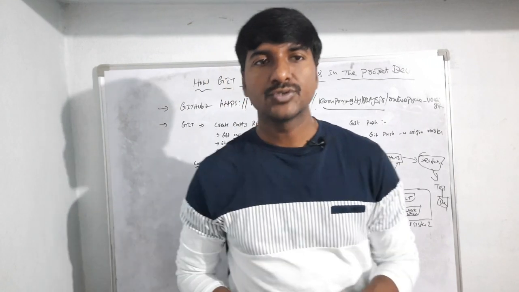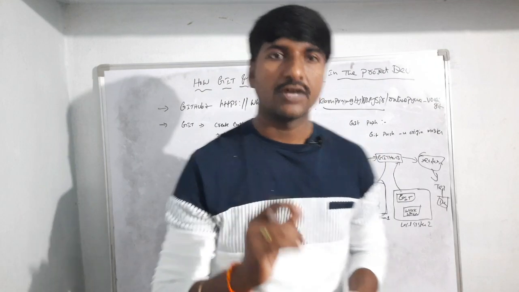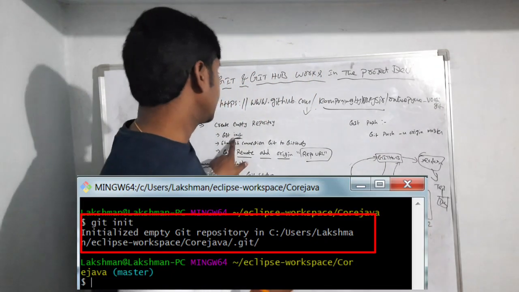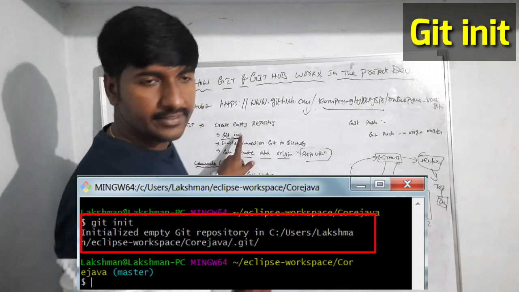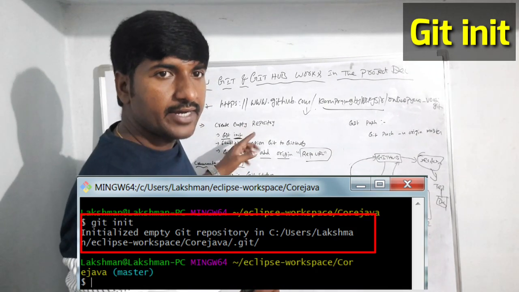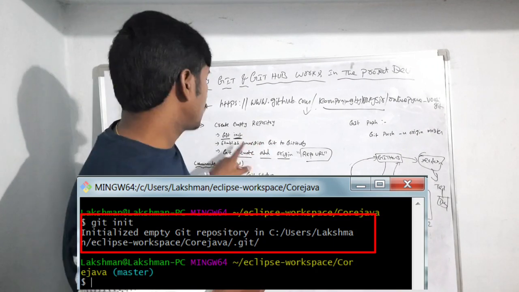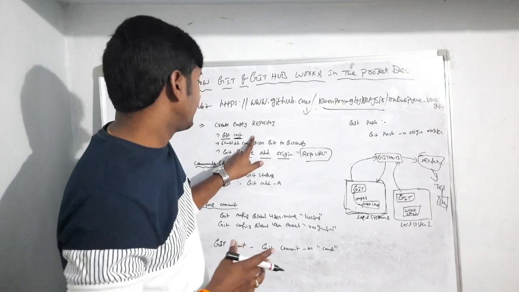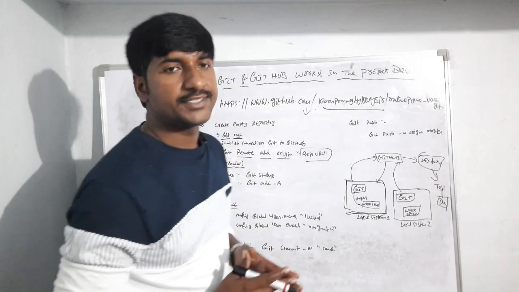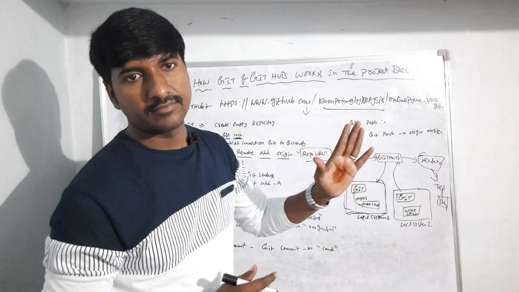Okay, so to create an empty local repository, we have to use the first command, that is git init. By using this command, we can create an empty local repository. After creating the empty local repository, we have to establish the connection between Git and GitHub.